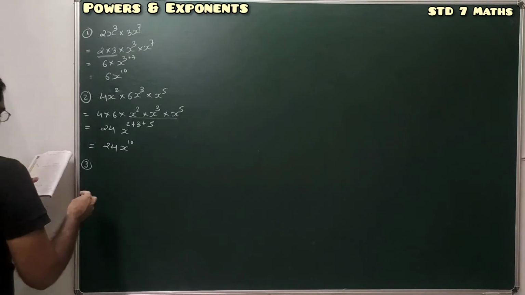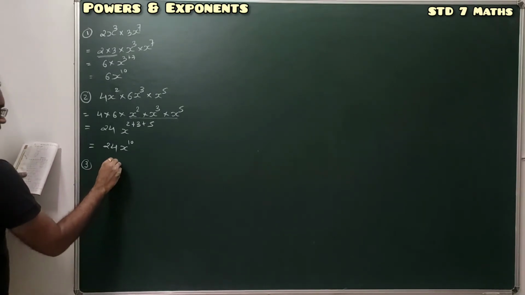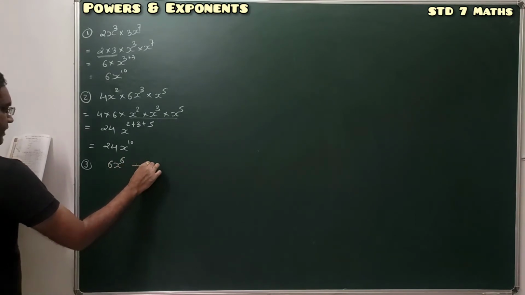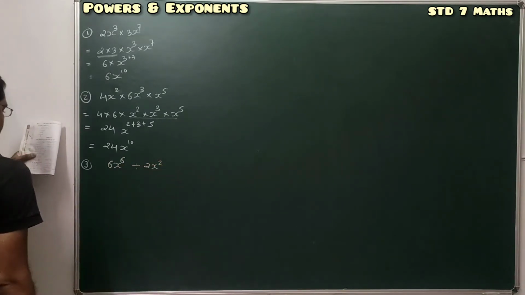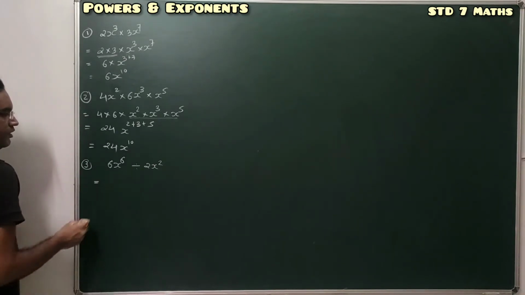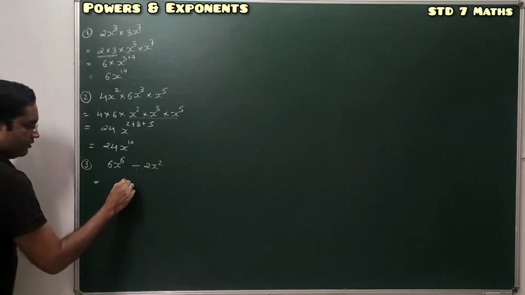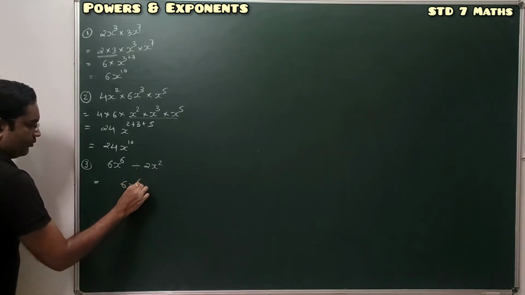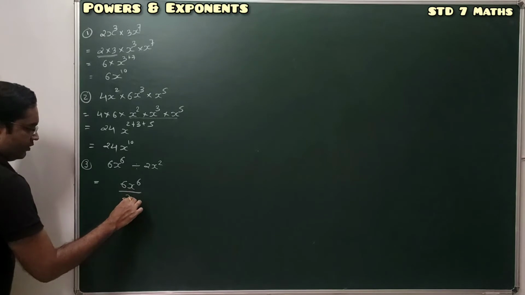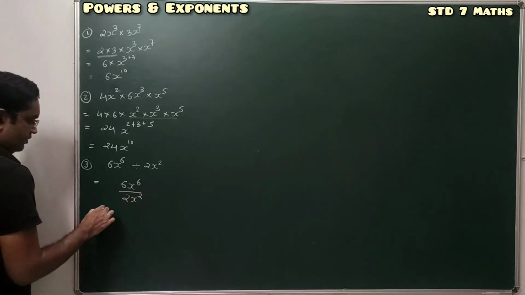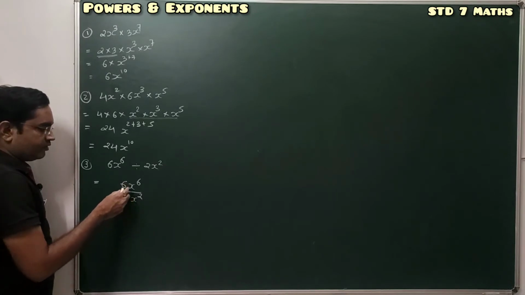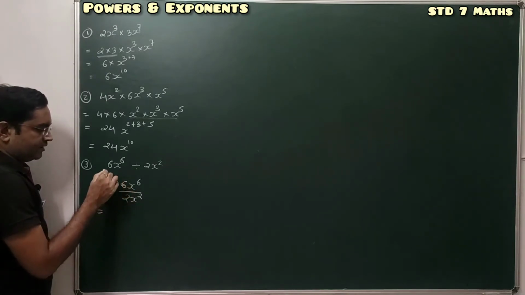Done? Third question: 6x raised to 6 divided by 2x square. Now for this one, two powers are in division. So first write it in numerator and denominator form: 6x raised to 6 divided by 2x raised to 2. Here we can directly perform the division of the constant part, 2 3s are 6.